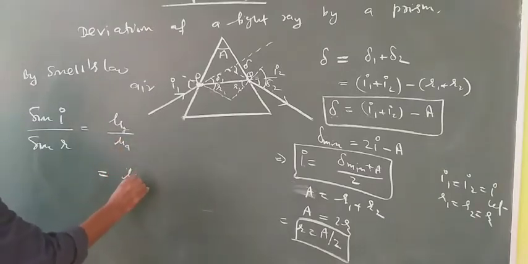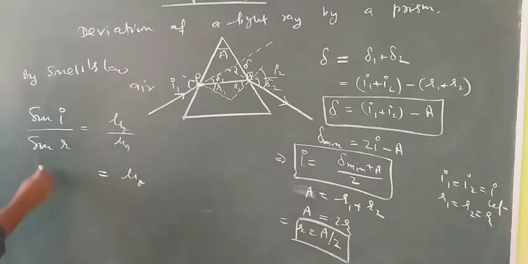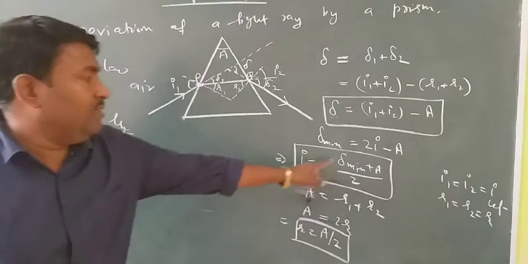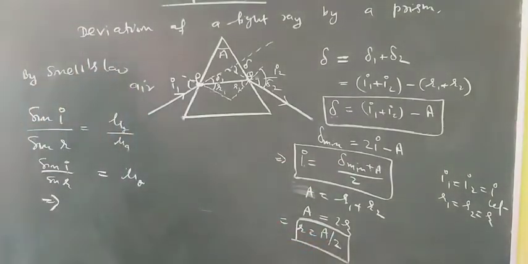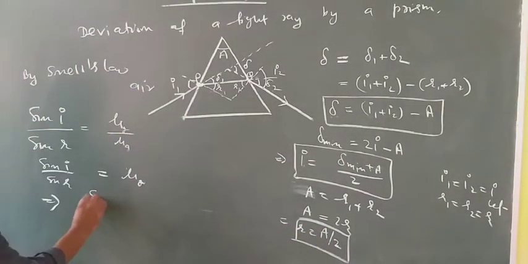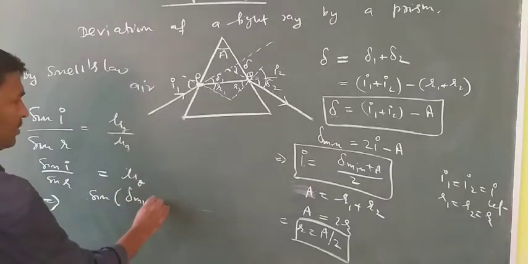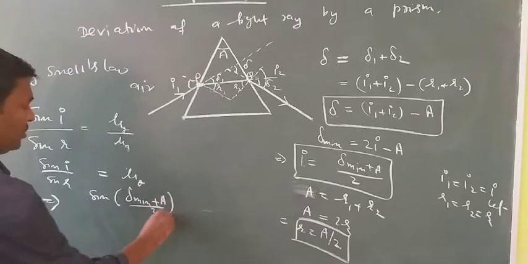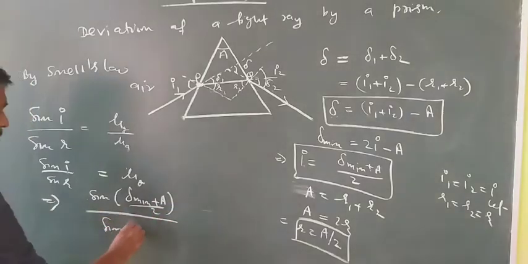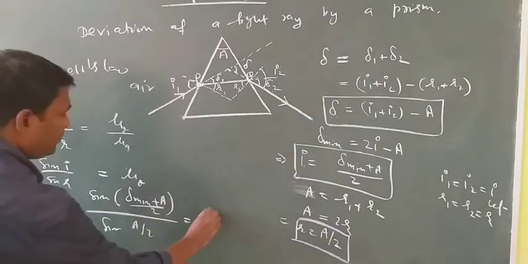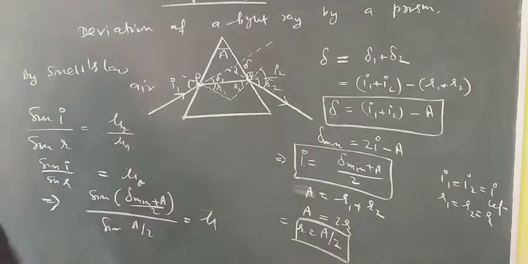So this is the refractive index of glass only, since the refractive index of air is 1. Therefore, this is sin I upon sin R. Now it implies that in place of I you can put this, and in place of R you can put this one. So sin of delta minimum plus A by 2 upon sin A by 2. This should be mu.